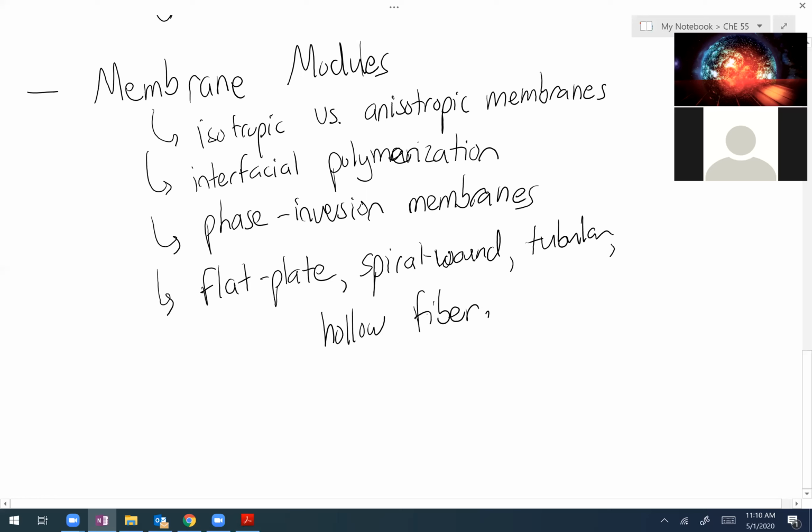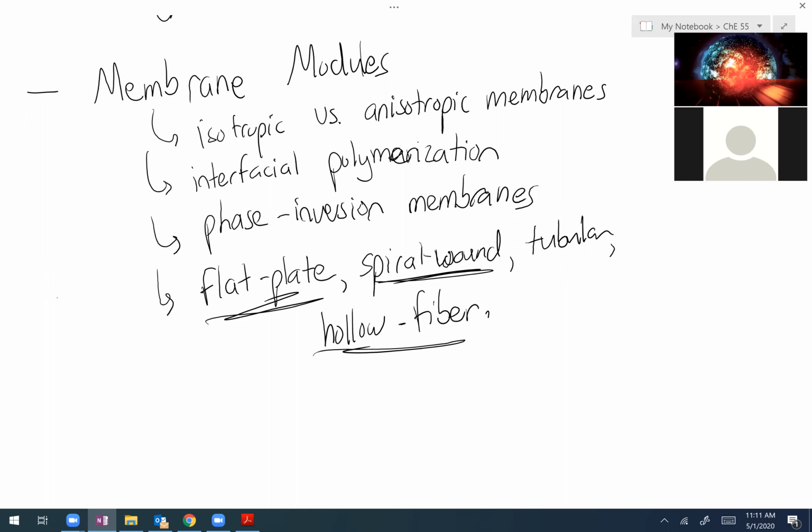Right, so I would say that the key ones being these three. Tubular is less pervasive in membranes, but definitely spiral wound and hollow fiber for a lot of applications. Flat plate is useful, especially for experimentation and doing lab work in terms of looking at performance.